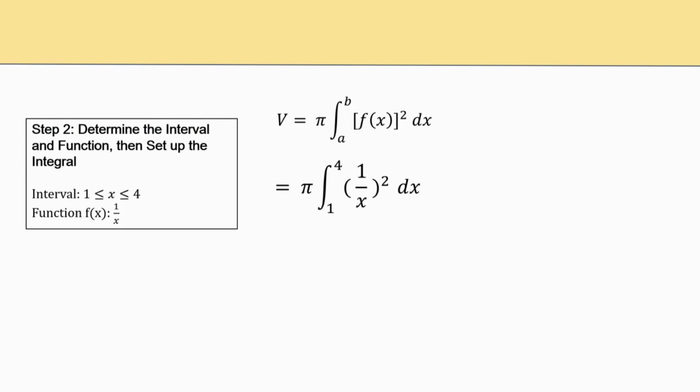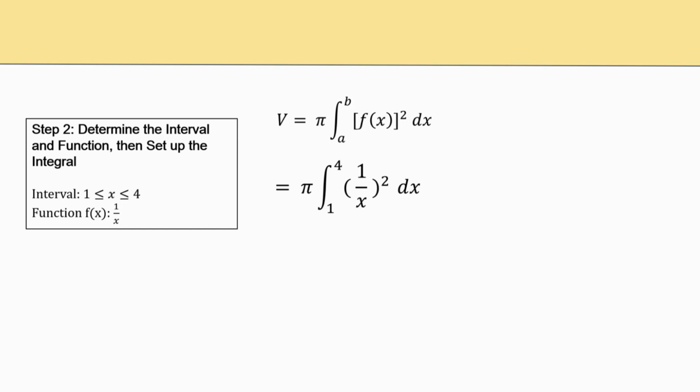The curve y equals 1 over x is the radius at each point along the x-axis. The bounds of integration are x equals 1 to x equals 4 as given by the vertical lines. Then we set up the integral.